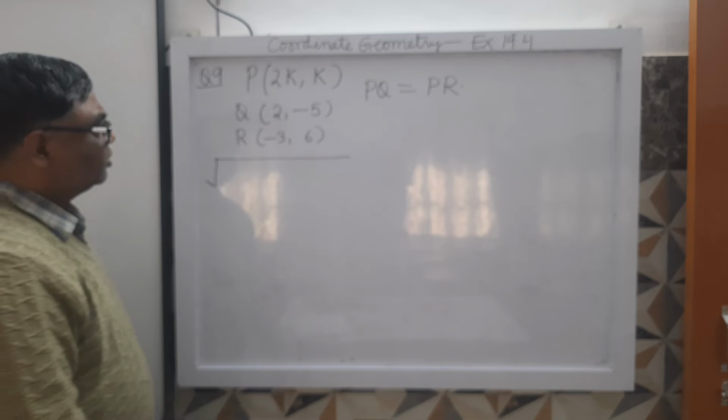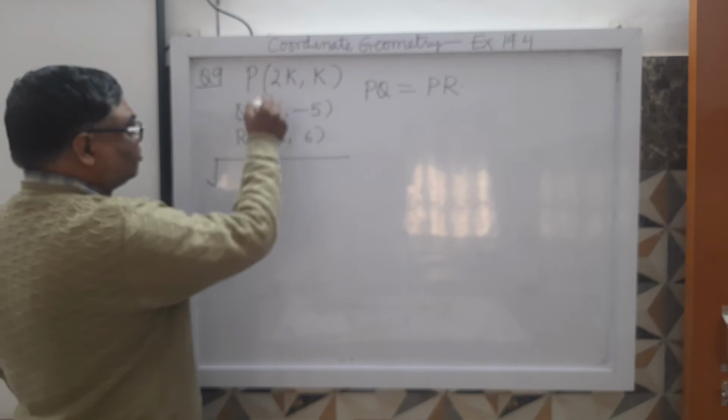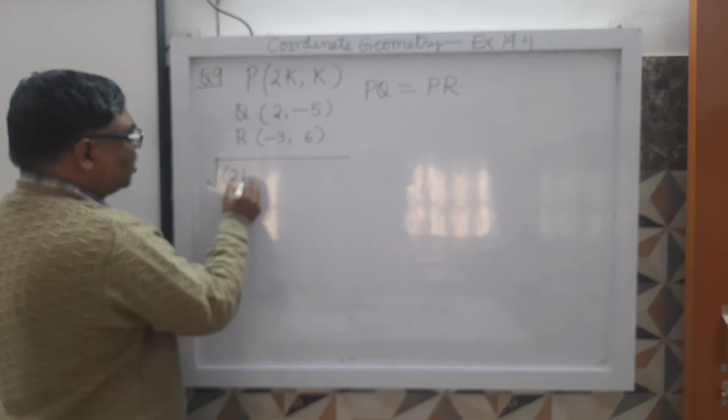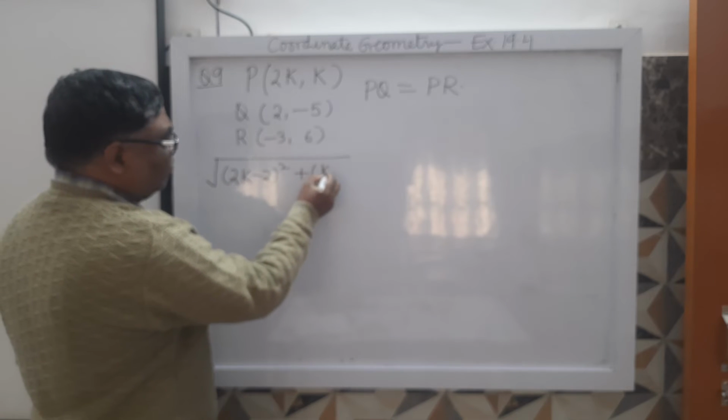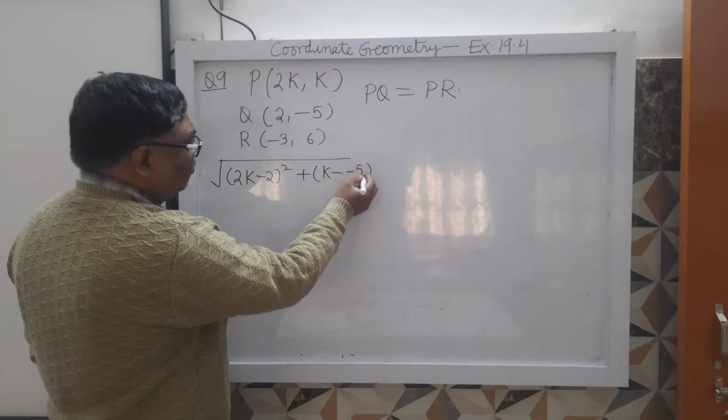It is clear? So PQ will be this minus this: 2k minus 2 whole square plus k minus minus 5 whole square.